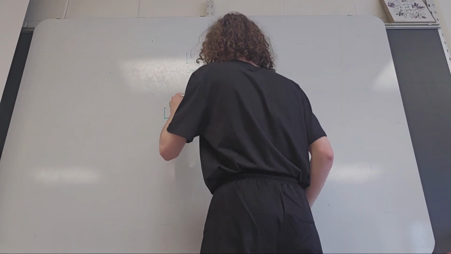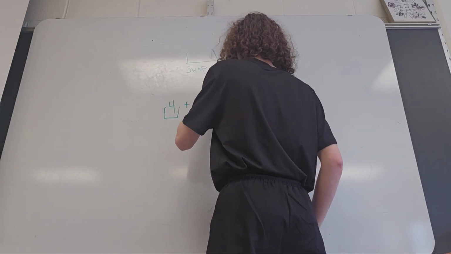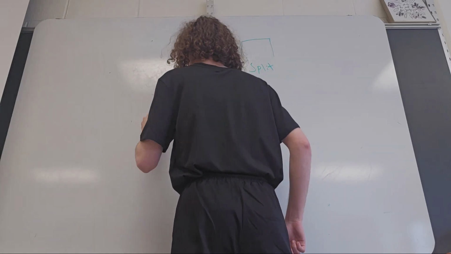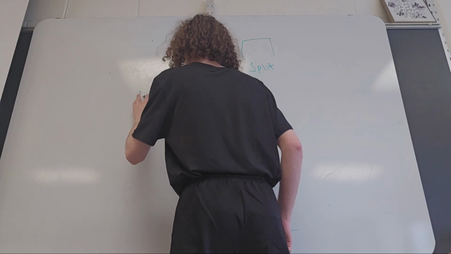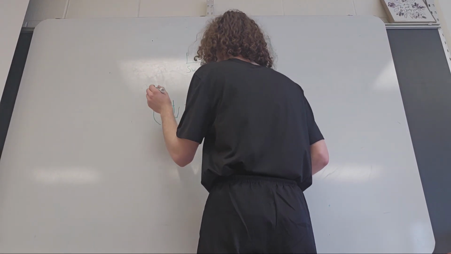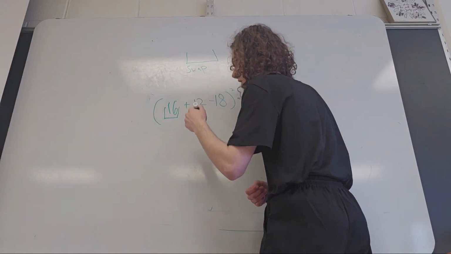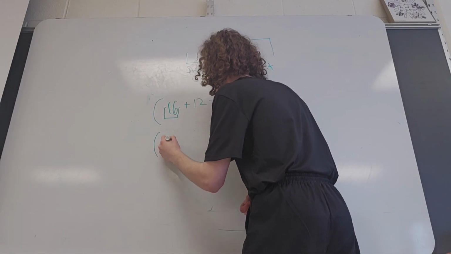line. So 4, 12, 18, this would go down, but during this, so this becomes 16, and it swaps to 0.